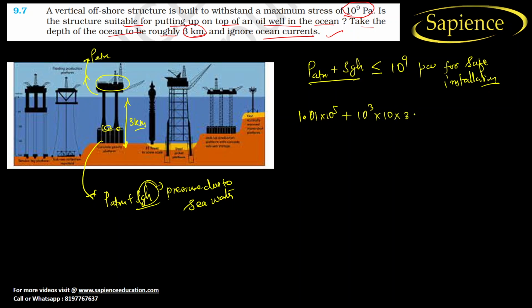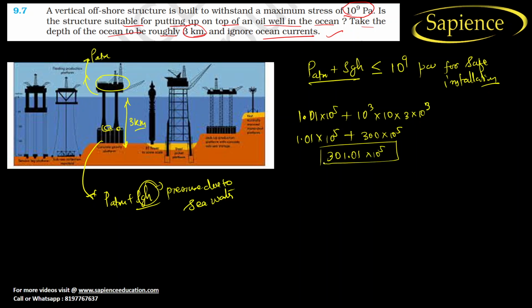The height is 3 kilometers, so 3 into 10 to the power 3 meters. When we add, this will be 1.01 into 10 to the power 5 plus 300 into 10 to the power 5. So 10 to the power 5 is common, and this will be 301.01 into 10 to the power 5.